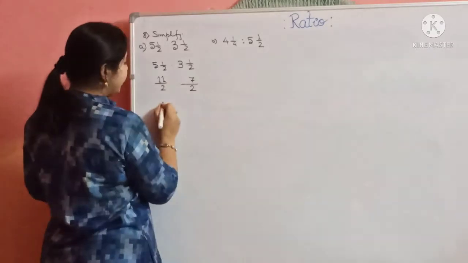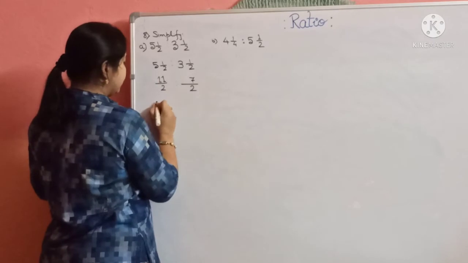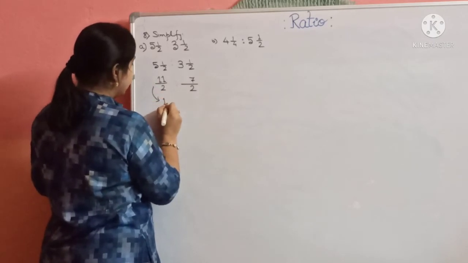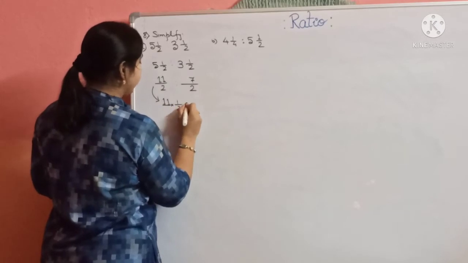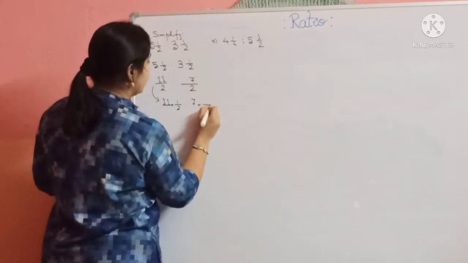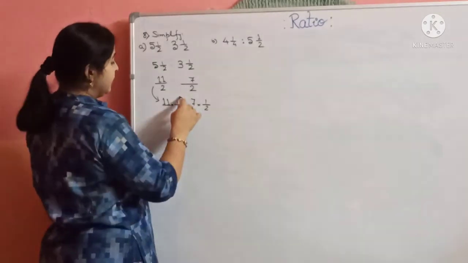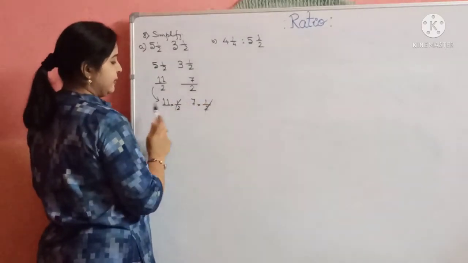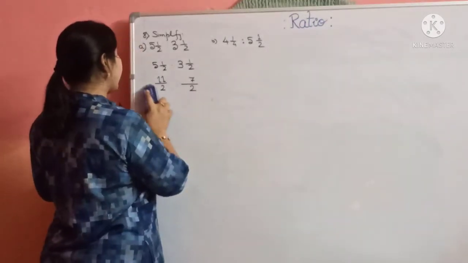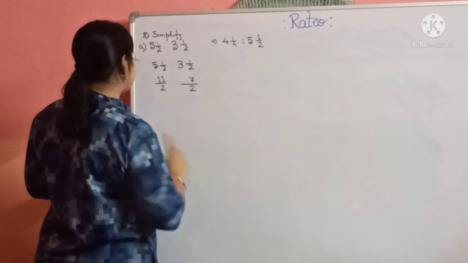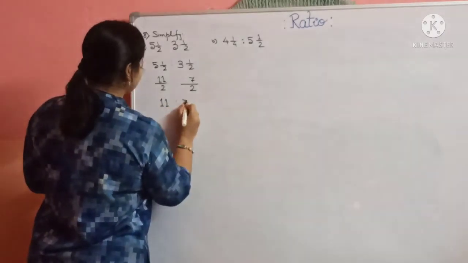We will omit 2, or we will consider that it represents 11 into half is to 7 into half. So we will omit the common divisibility. Half is our common divisibility. So in our next step we will write 11 is to 7.